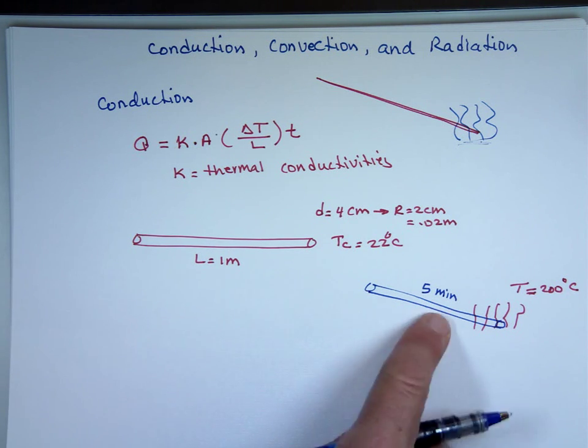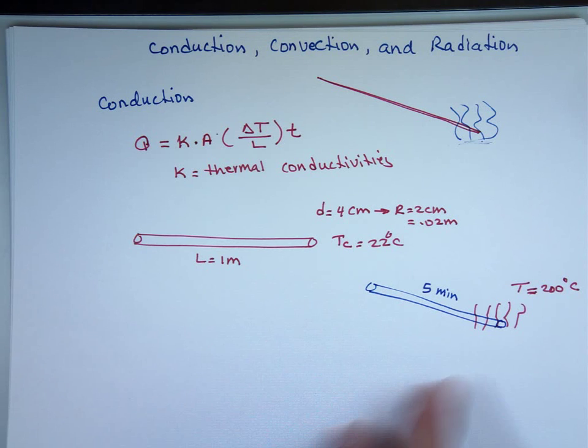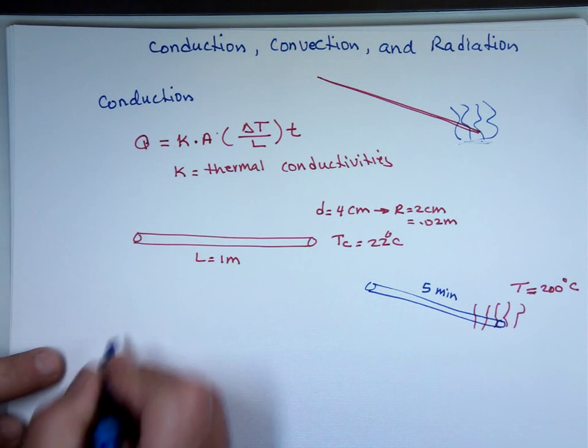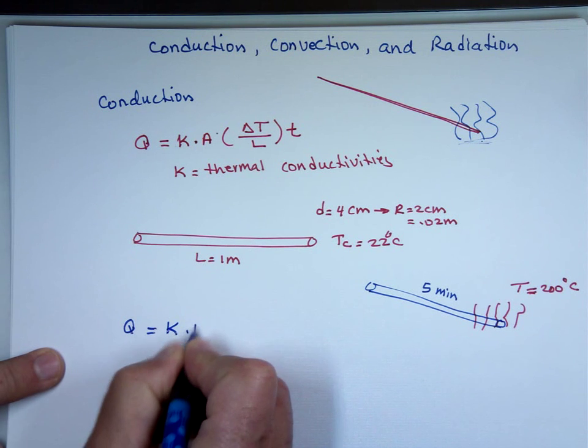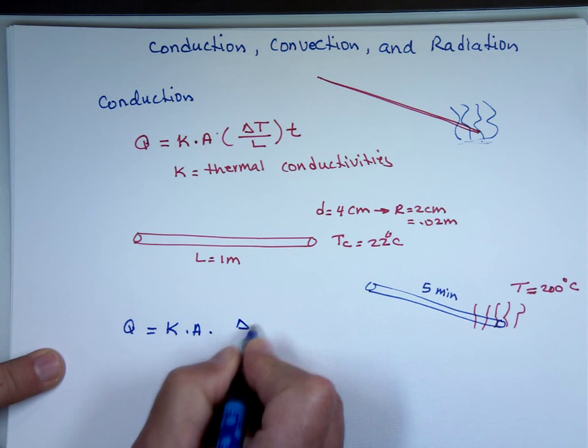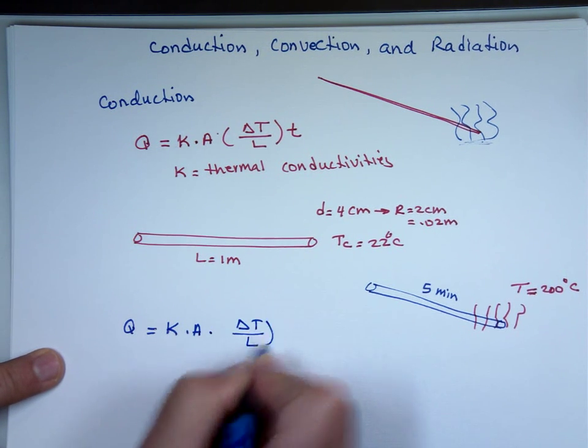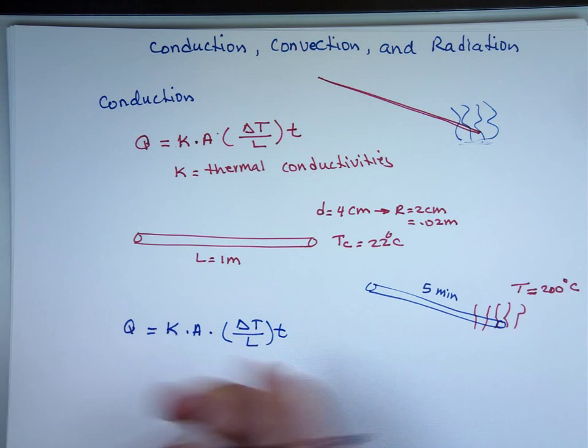Well, this is going to heat up. The amount of heat transfer, Q, is going to equal K times area times the change in T over L times the time. The time has to be in seconds. So let's look at that.